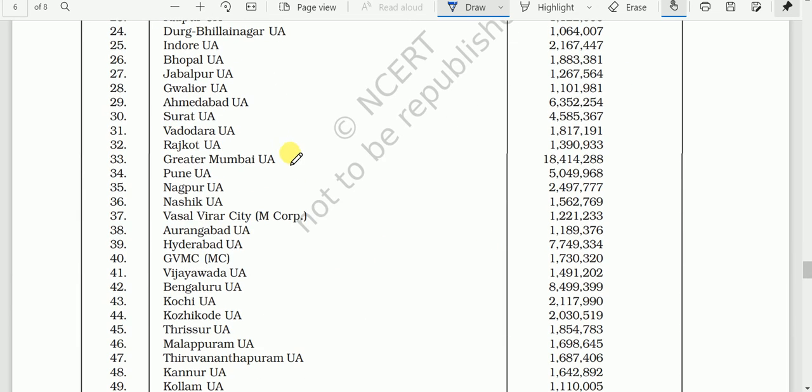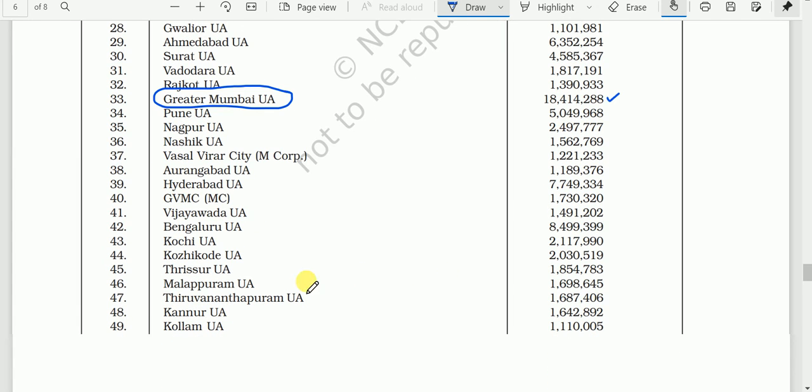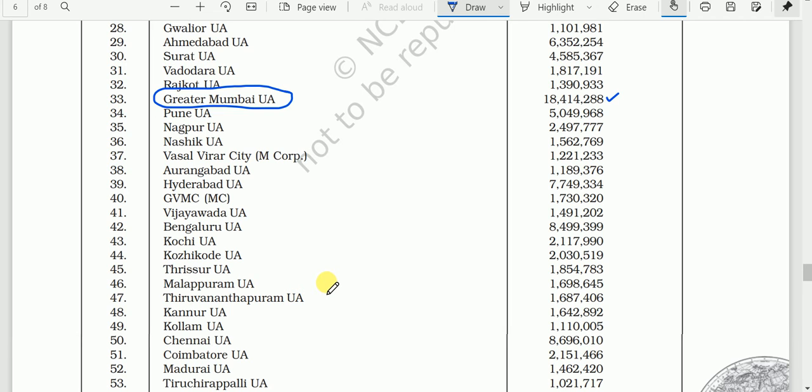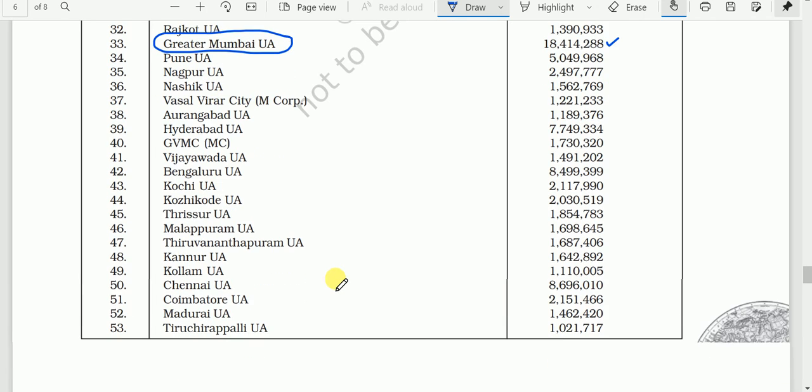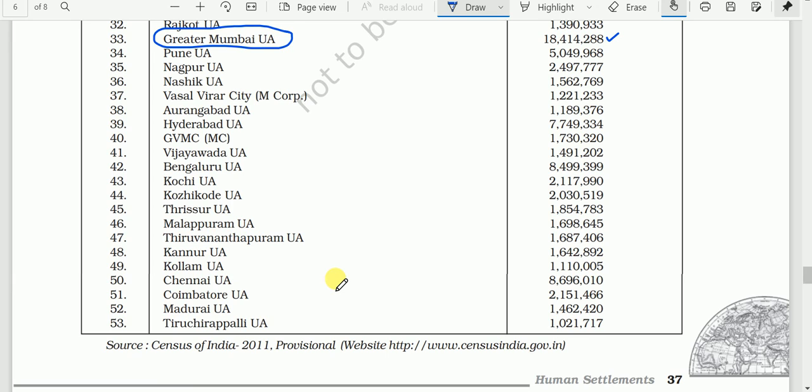And we have learned that Greater Mumbai is the largest urban agglomeration with a population of 18.4 million. Likewise, you have to find out the large, or the largest, urban agglomerations in India from this table. And in the exams, the location of these urban agglomerations may be asked.